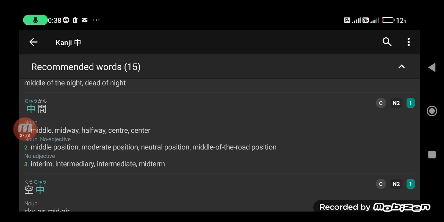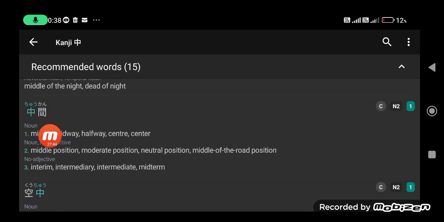So the center within the interval, the center of it. So that's how you interpret that fukugogo. This kanji means interval, and this is center. So the center of a certain range of interval is chukan, or midway, or halfway.